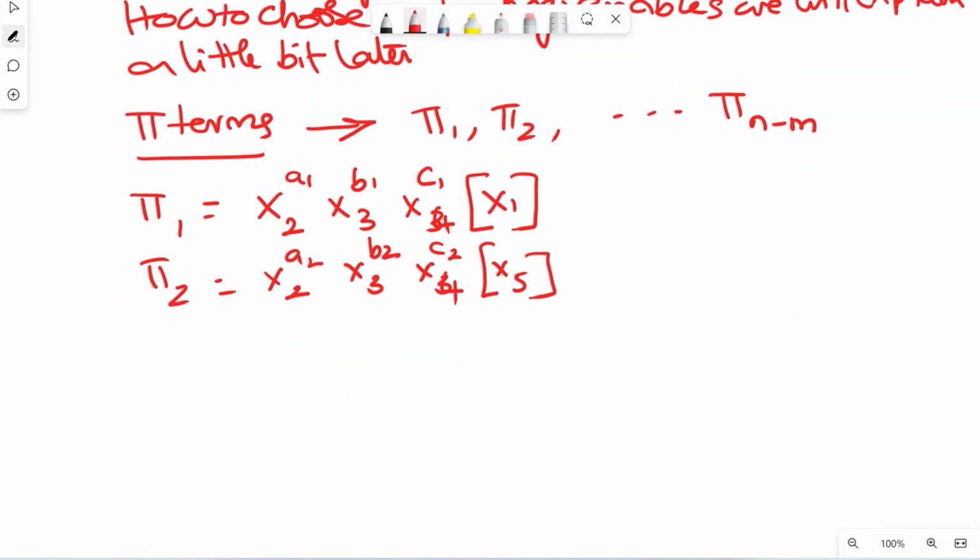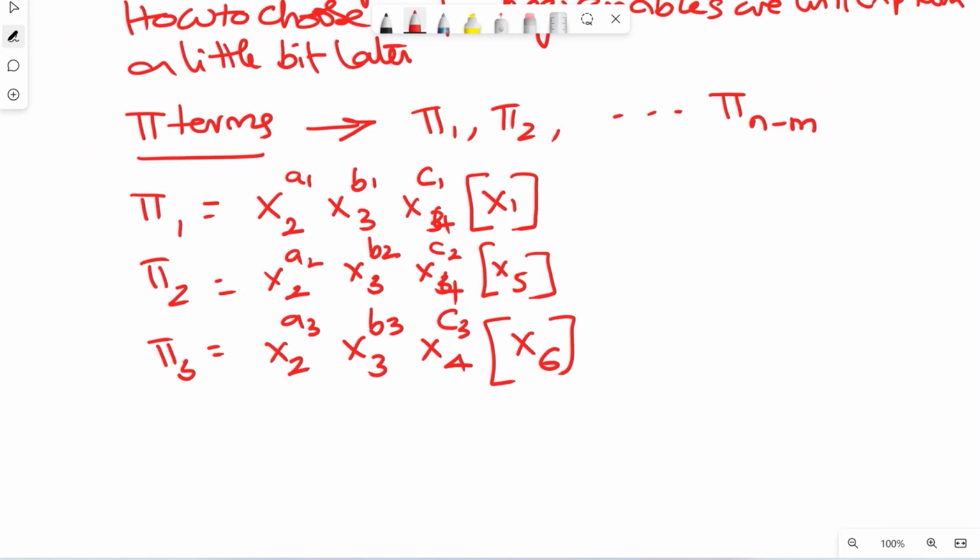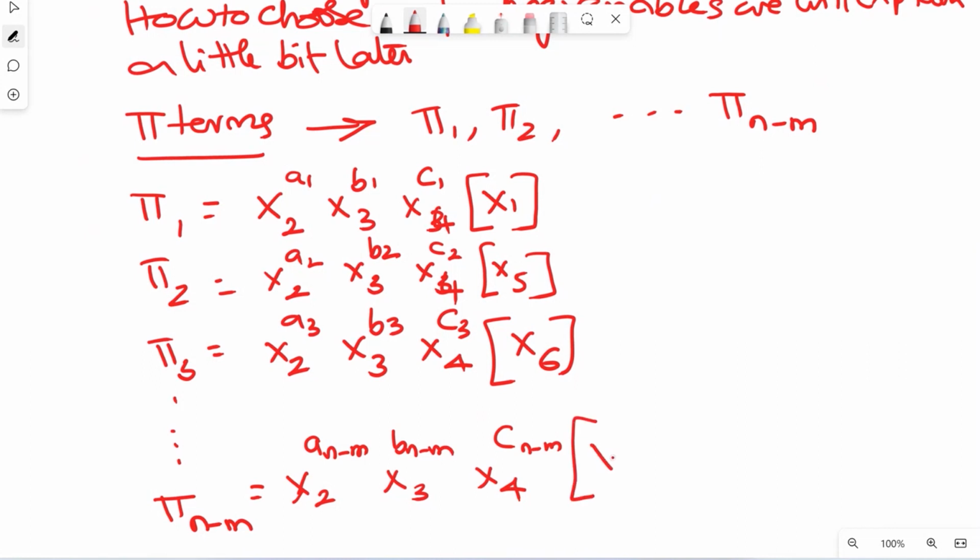Like that, pi 3 is equal to x2 to the power of a3, x3 to the power of b3, x4 to the power of c3 into x6. Like that, you go on writing each pi term. So pi n minus m is equal to x2 to the power of a n minus m, then x3 to the power of b n minus m, x4 to the power of c n minus m, and the last pi term is xn. So like that we can write.